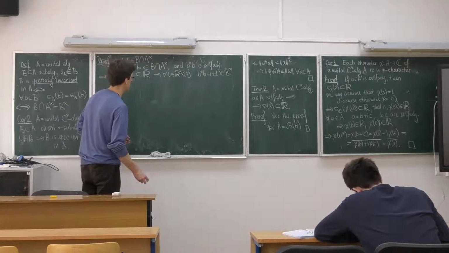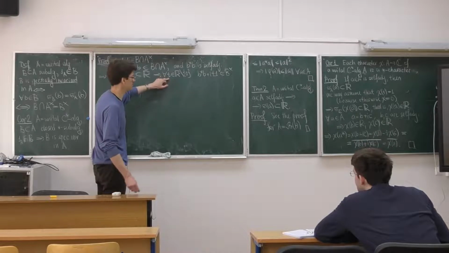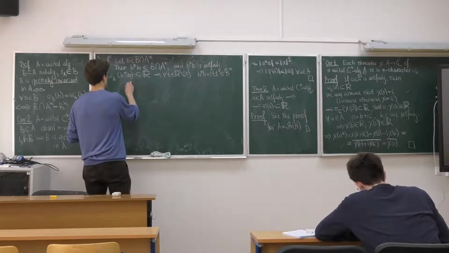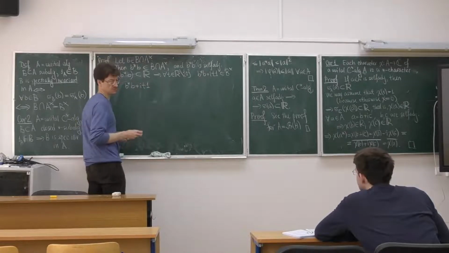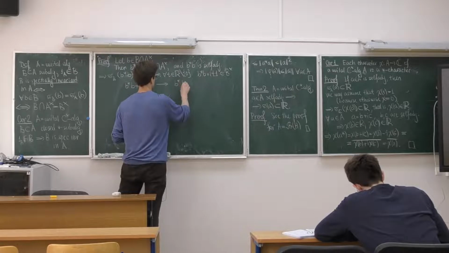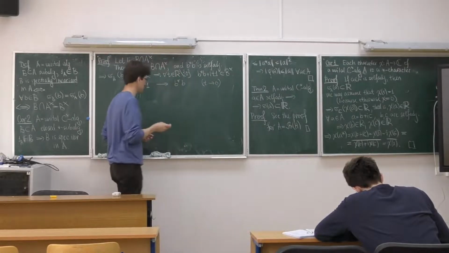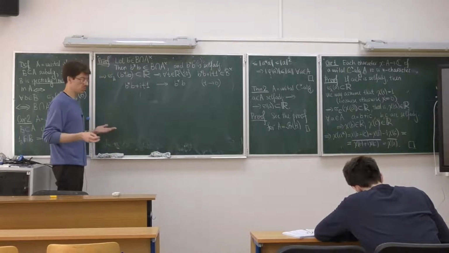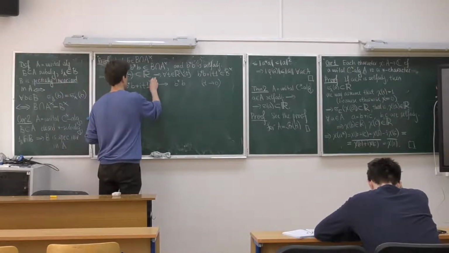Okay, now let's consider what happens when t goes to 0. Well, of course, this element converges to b star b as t goes to 0. On the other hand, we know that the operation of taking the inverse is continuous in any unital Banach algebra.